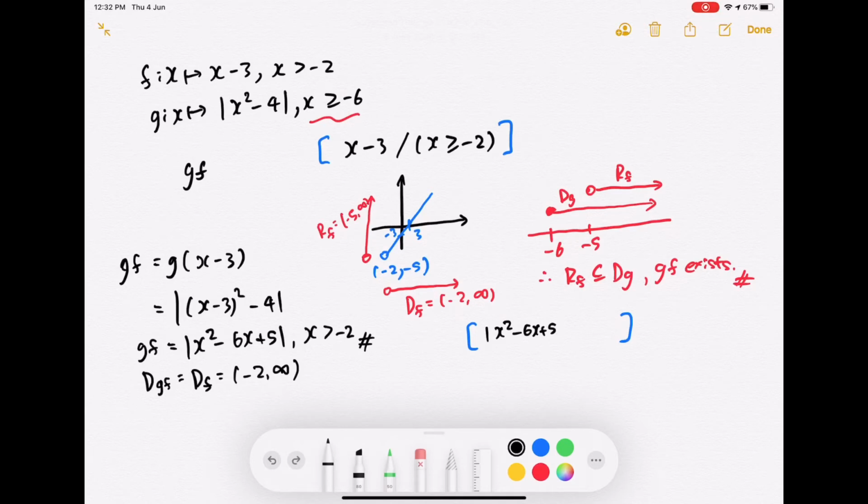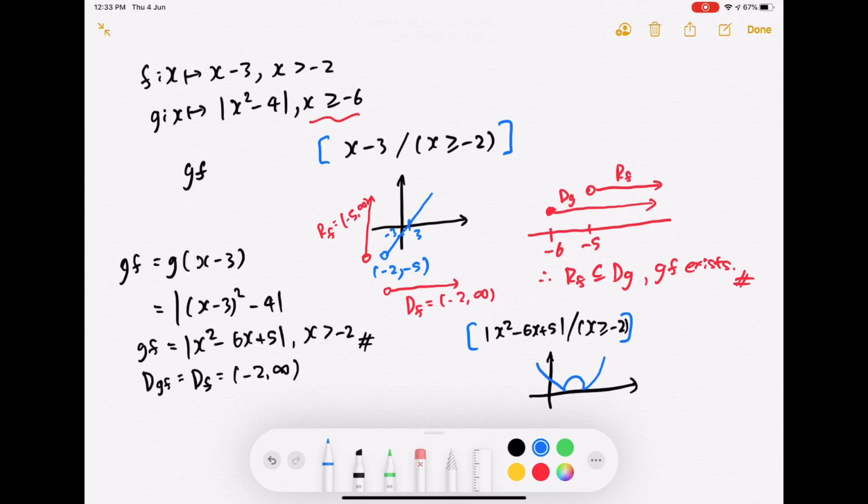Once you get this in the GC, you put a divide sign, open bracket, x more than or equal to negative 2, close the bracket. Press this in the calculator, you get something like this. You will be getting a curve, and then it goes up like this. But the main thing we want to find is the range of this.